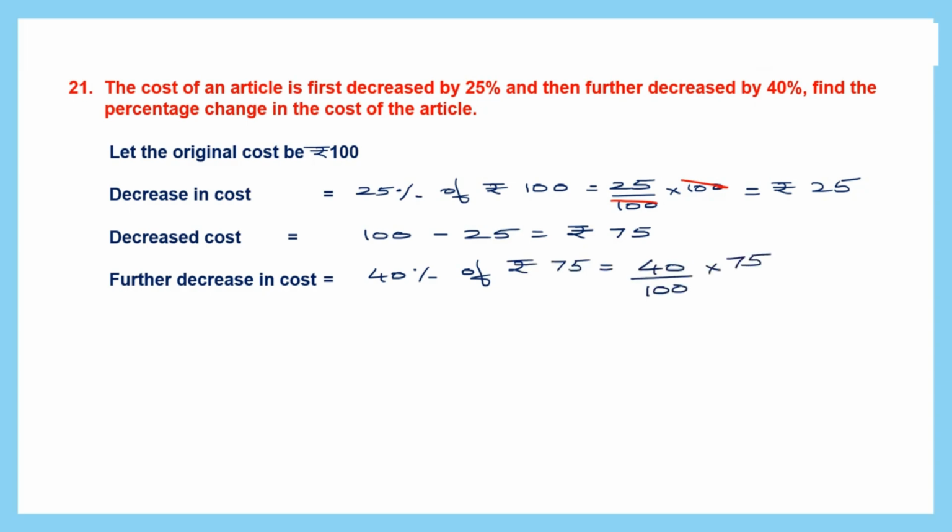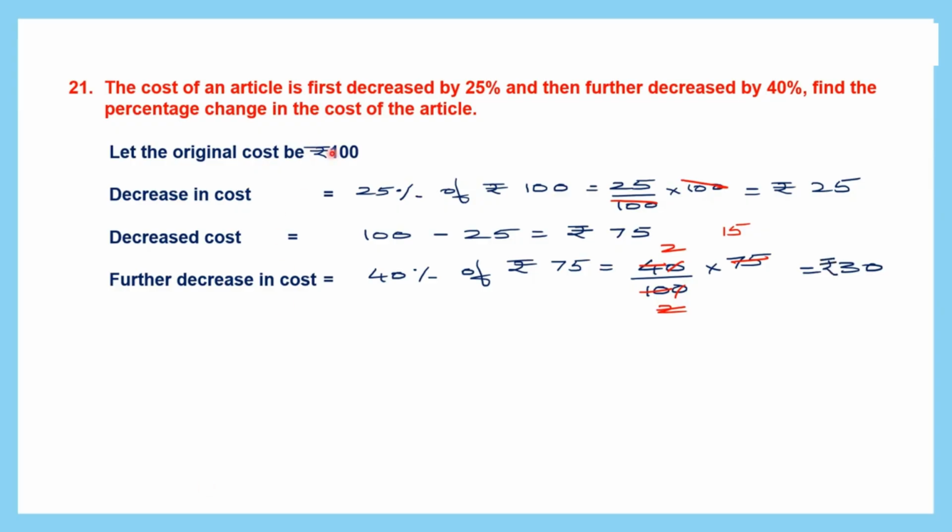So let's cancel. I can cancel 10 here and 10 here. I can cancel this and 75: 5 twos are 10 and 5 into 15 is 75. Again, I can cancel 2 and 4: 2 ones are 2, 2 twos are 4. Then multiply 2 into 15, which is 30. So the decrease in cost again is 30 rupees.